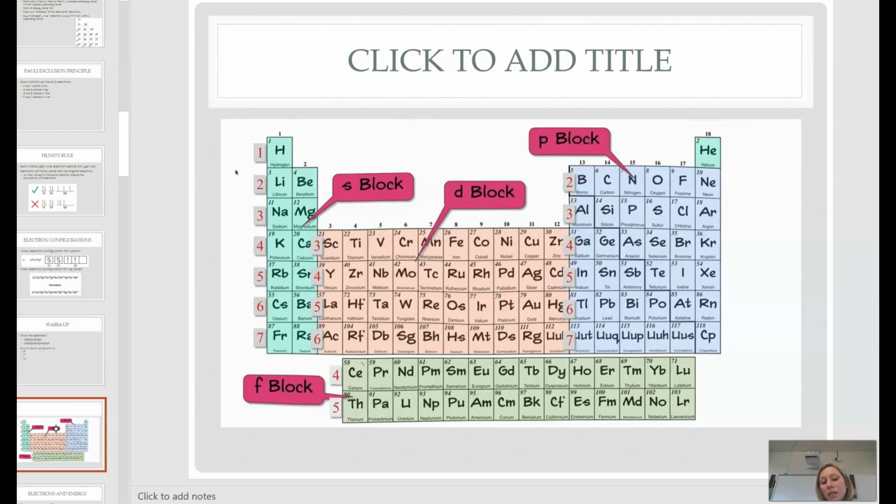So the D gets a little offset from the S and the P. That's something to label and to watch for. Likewise, the F being pulled out, the F sub-energy level starts in energy level 4, and you could do 4 and 5 for that one. Okay. So let's go back to our periodic table.